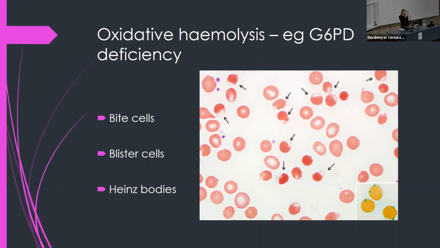And if we stained it with a supravital stain, we'd see what we call Heinz bodies, that's the little insert at the bottom right. And that's just staining those lumps of oxidized hemoglobin.